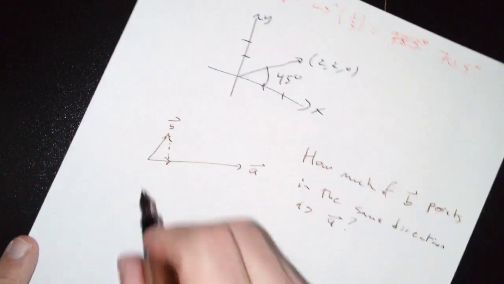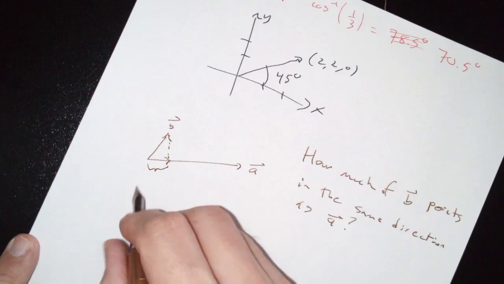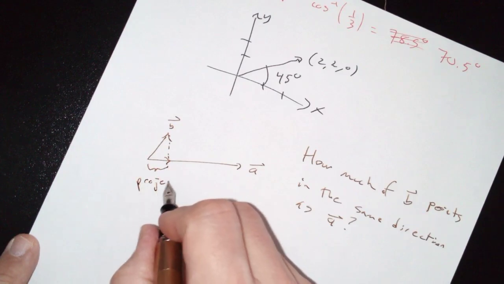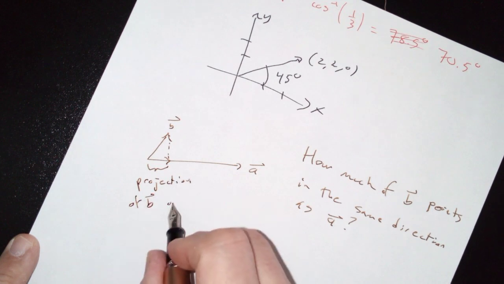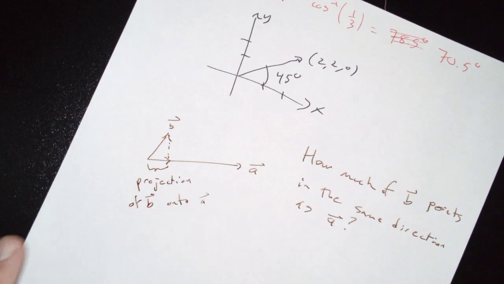We're going to call this vector the projection of B onto A. Sometimes we use the phrase along A rather than onto.